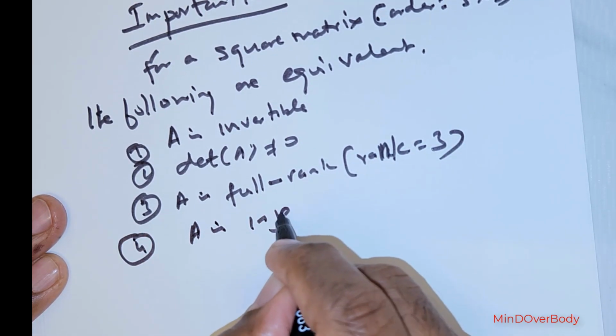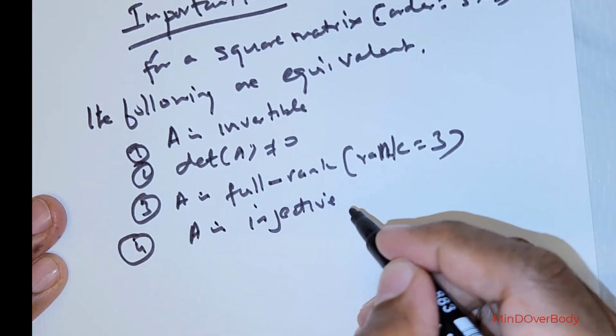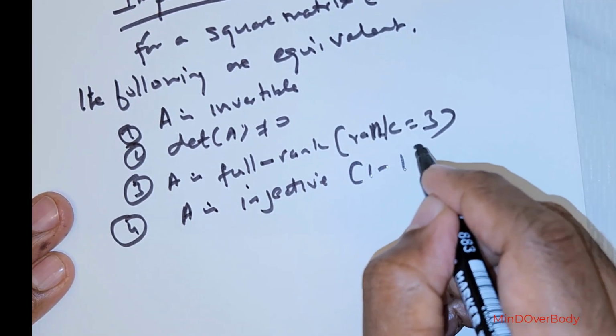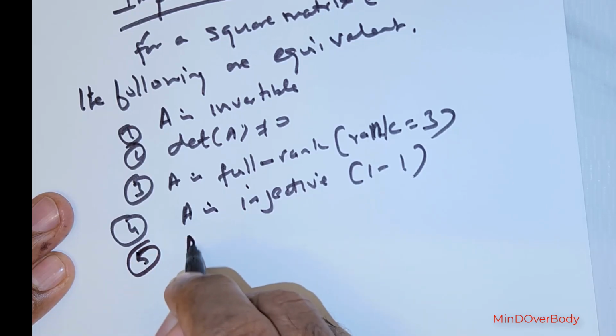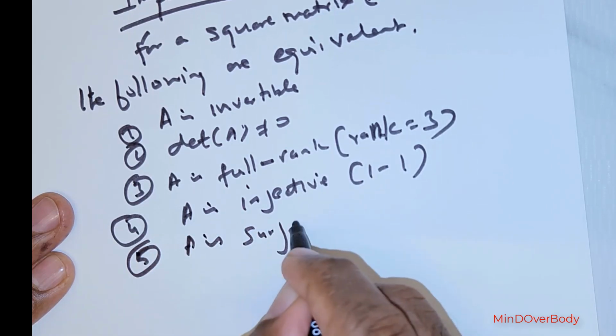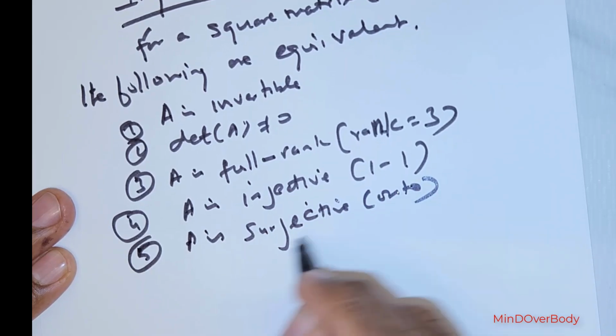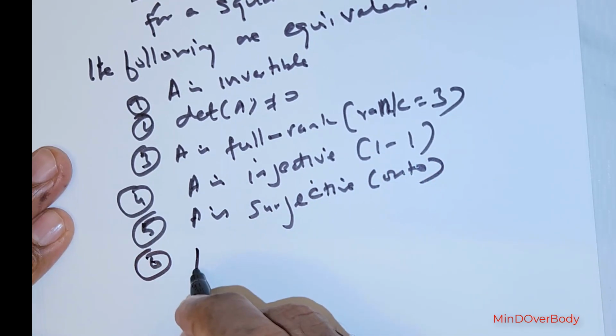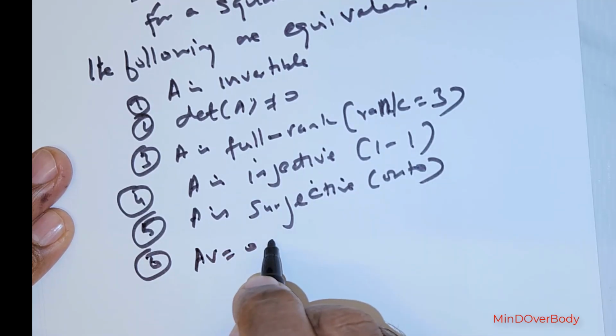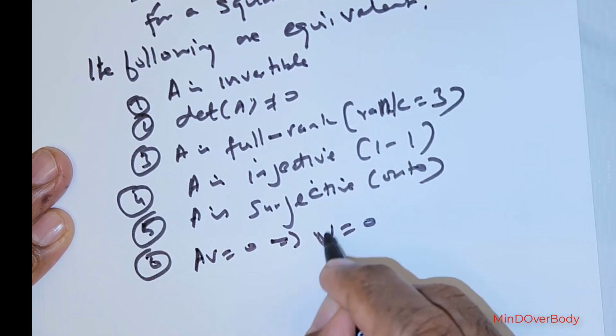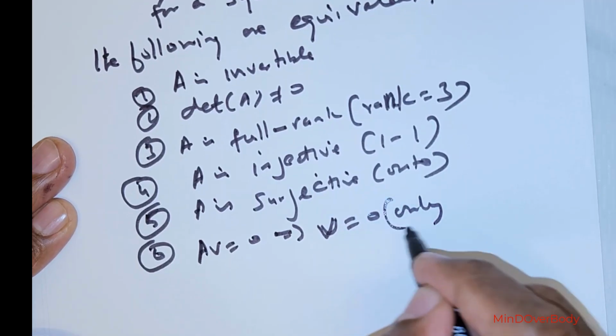A is injective, that means one to one. Number 5, A is surjective, onto. Number 6, Av equal to 0 implies that v is equal to 0 only, so that's the only solution that exists.